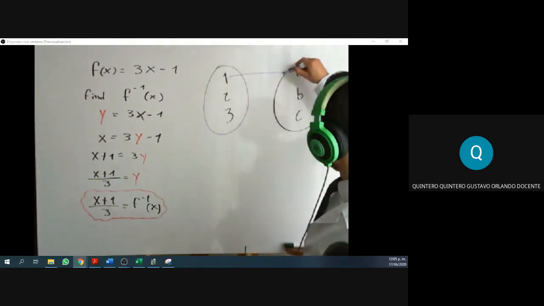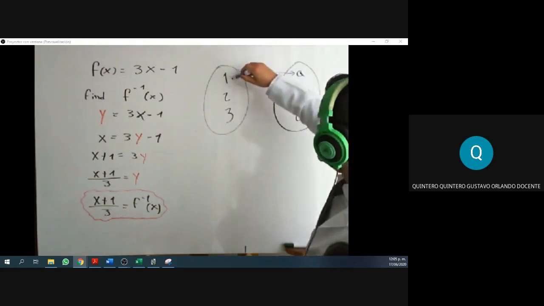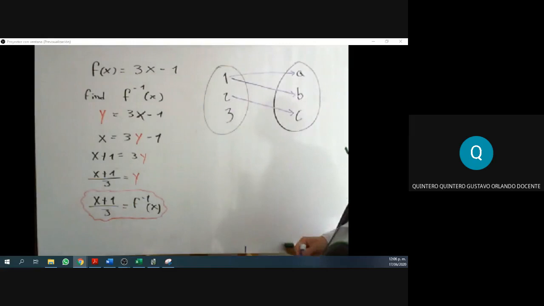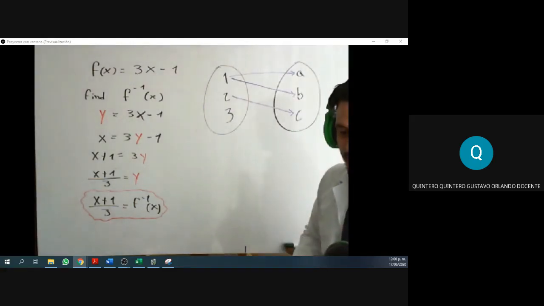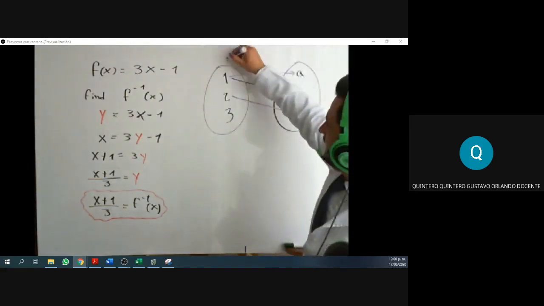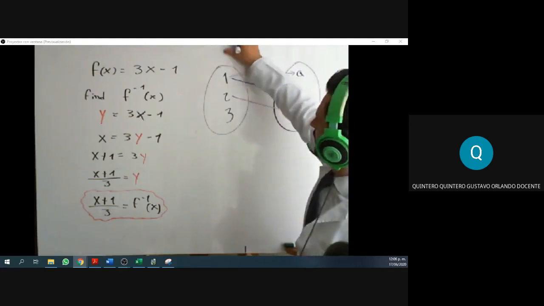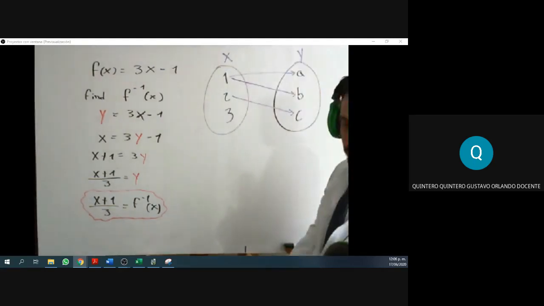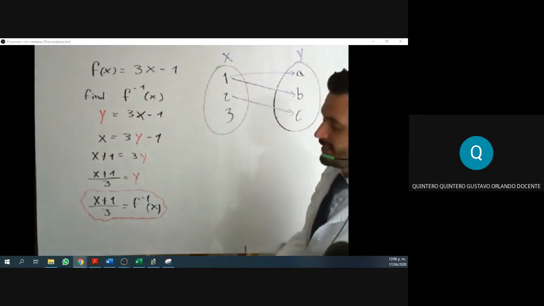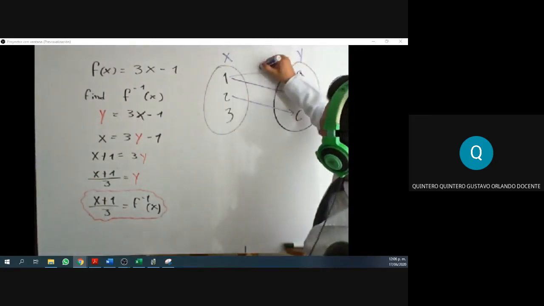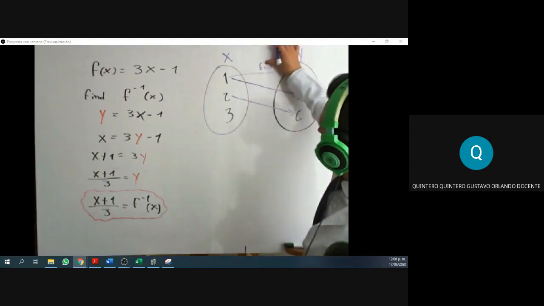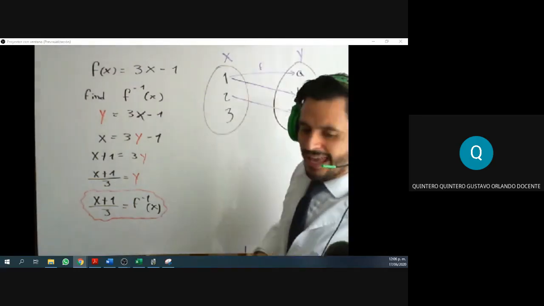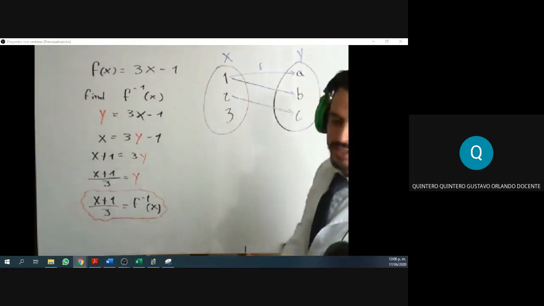If I do this, this is a set A. Oh no, let's say this is the set X and this is the set Y, to use the same letters. And this is the function f of x. No, this is the function f. Do you feel like f is a function or is not a function?